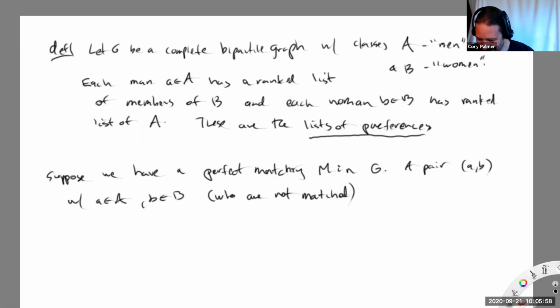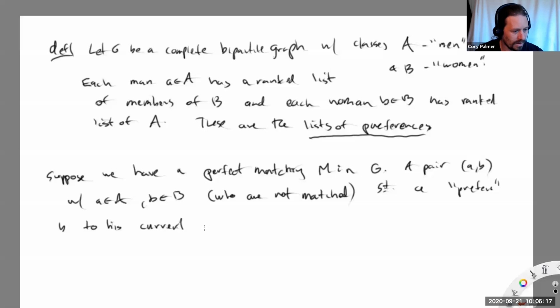So let's see here. Such that, yeah, okay. So such that, and I'll use sometimes this metaphorical language, such that A prefers B to his current partner under M, right?